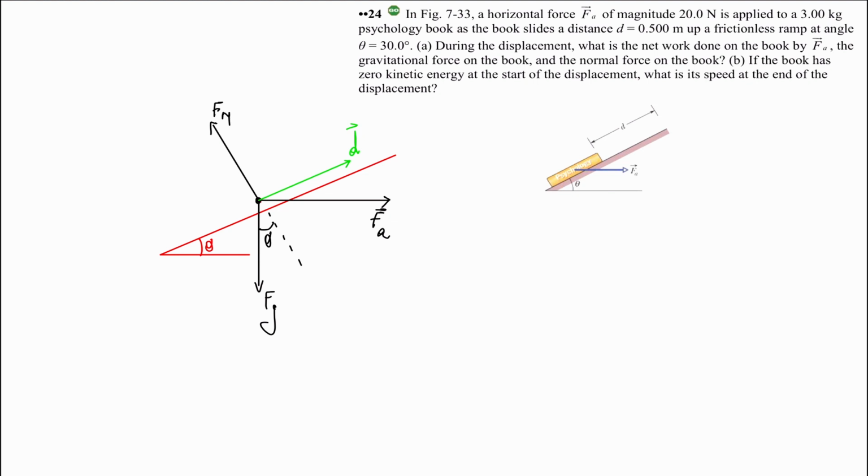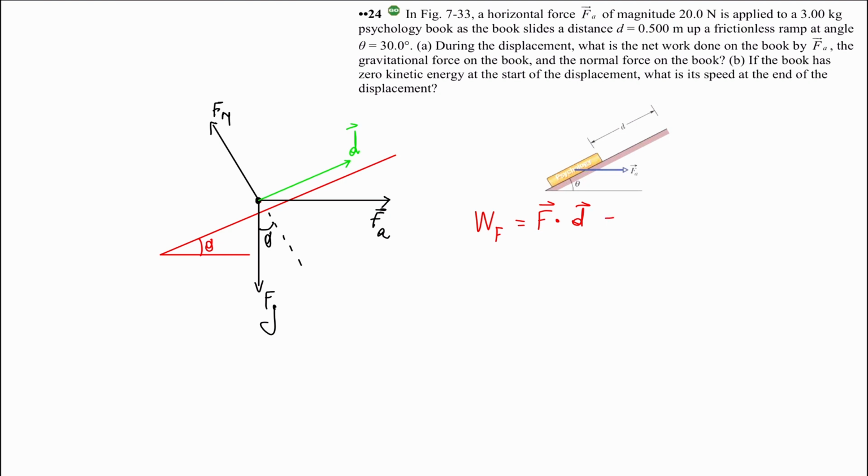So remember how work done is calculated. When the force acting on an object is constant, the work done by that force is equal to the dot product between the displacement vector and the force vector.